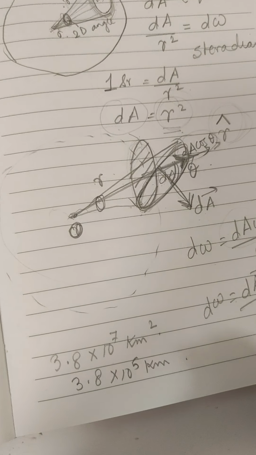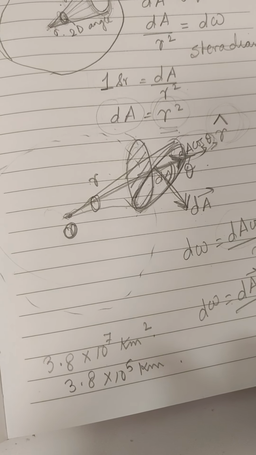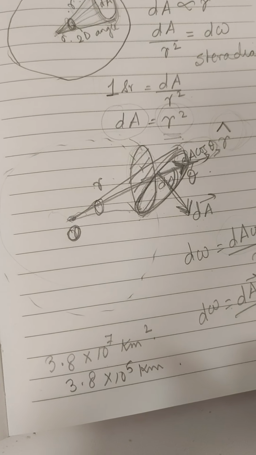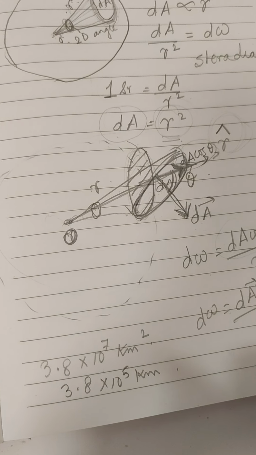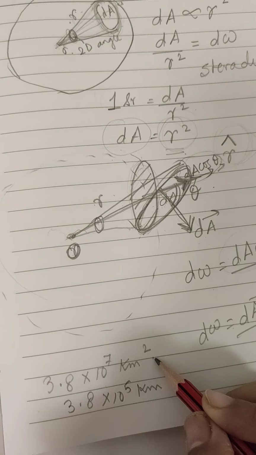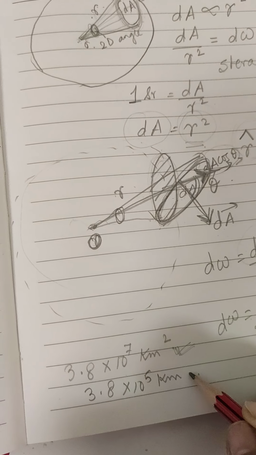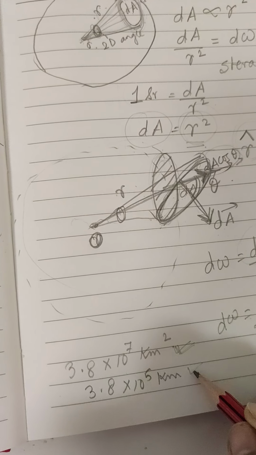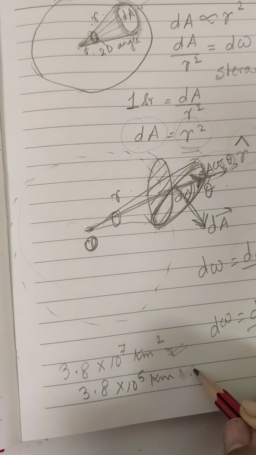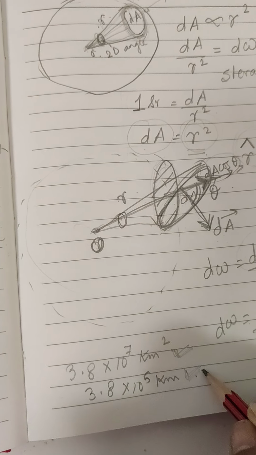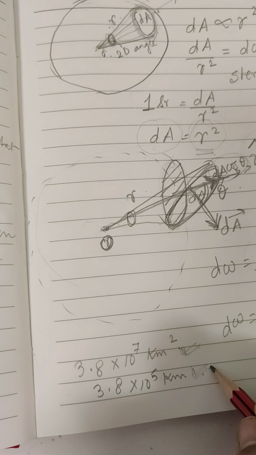You have to find what is the solid angle subtended by the moon in the sky. This is the moon having a surface area. This is the surface area of this moon, and this is the orbital radius of the moon. Okay, solid angle subtended by the moon in the sky. What will be the answer?